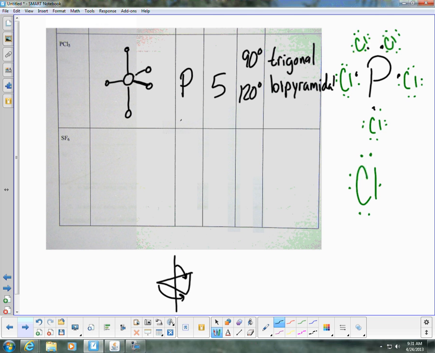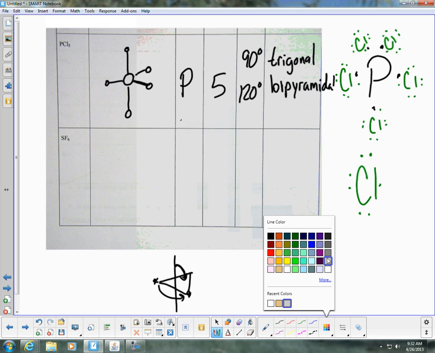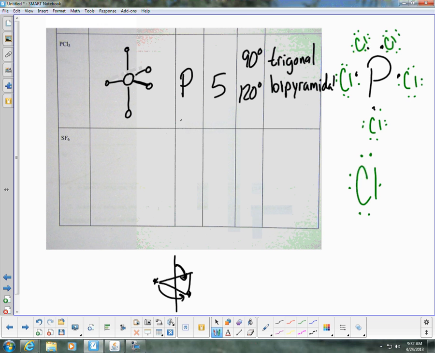Yes. 90 is because this angle from here to here is 90, but the triangle around the center, the angles between the 2 chlorines on each end, right here and here, those angles are going to be 120. Okay, so if I take, let's see if I go here and here and here, this right here actually makes a flat plane. Okay, all right. So we got that one.